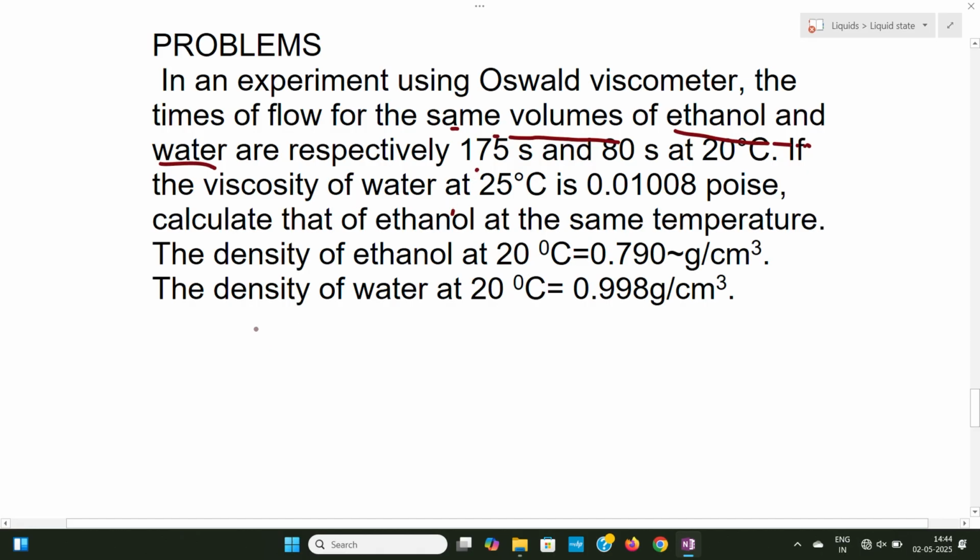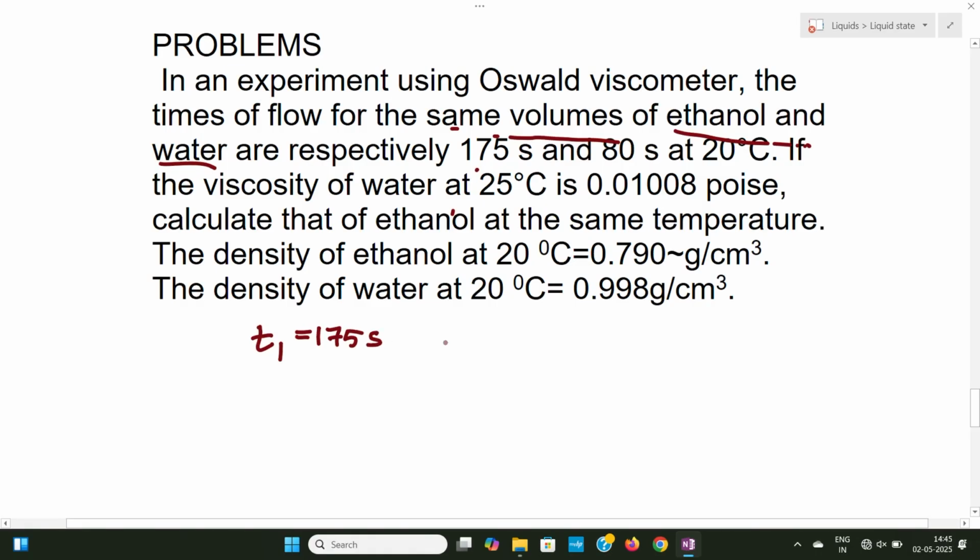T1, the time of flow of ethanol, is 175 seconds, and the time of flow of water, T2, is 80 seconds at 20 degrees Celsius. The viscosity of water, eta 2, is given as 0.01008 poise.